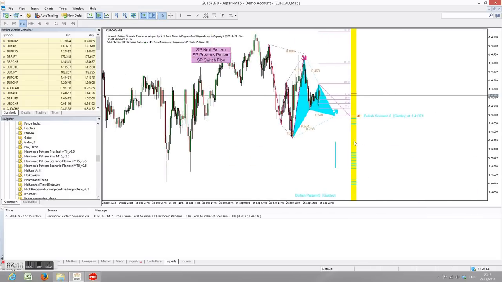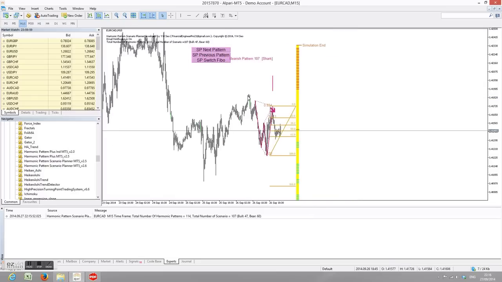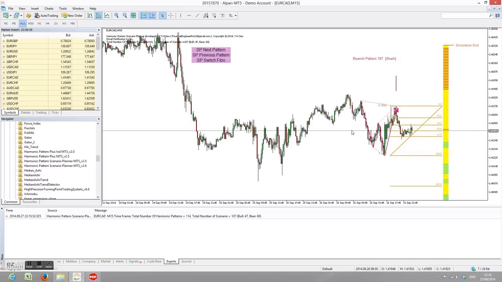This green pattern here is not formed yet, but it can possibly form in the future. So this is actually a scenario, not an actual pattern. But here, the Shark patterns are actual patterns formed over actual price.